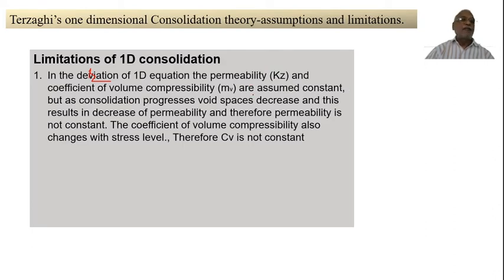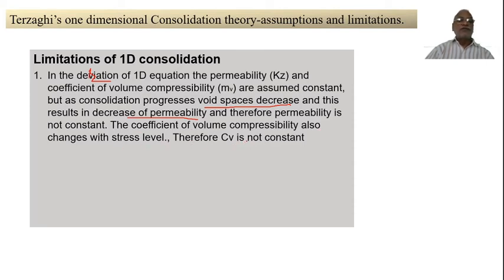but this is an assumption. As consolidation progresses, means as the time passes, void spaces decrease, obviously, because volume is decreasing, because of that the void space decreases, and this results in a decrease in permeability, obviously. And therefore permeability is not constant, and the coefficient of volume compressibility also changes with stress level.